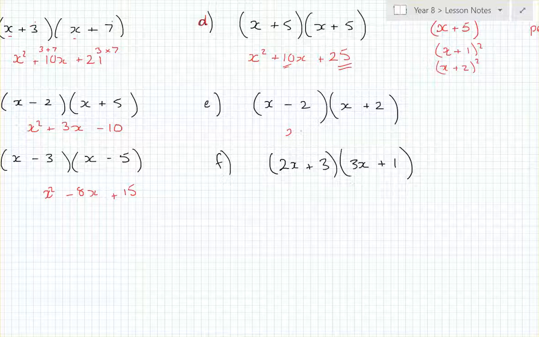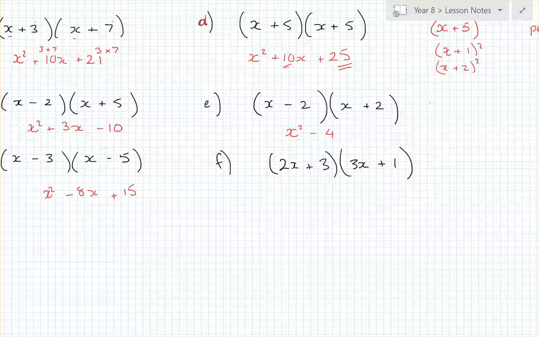So, yeah, David, what do you reckon? x squared minus 4, yeah. Because minus 2 add 2 makes 0, so there's no x bit in the middle.